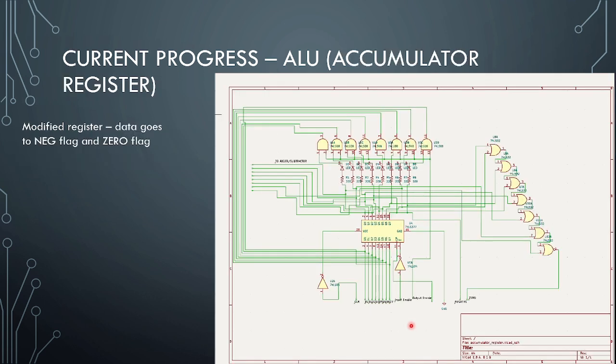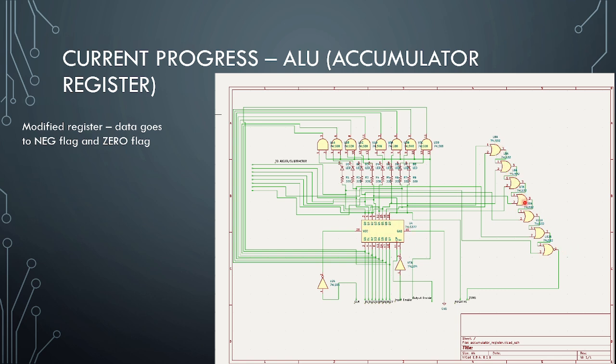And then the next one is a little bit more complex. It's the A register, or the accumulator register. We can see here that a couple of differences are that the output always goes to the adder/subtractor. And right here on the right side, we see that we have a cascade of OR gates, which computes whether or not 0 is in the register.